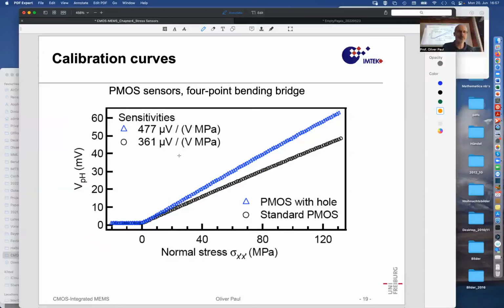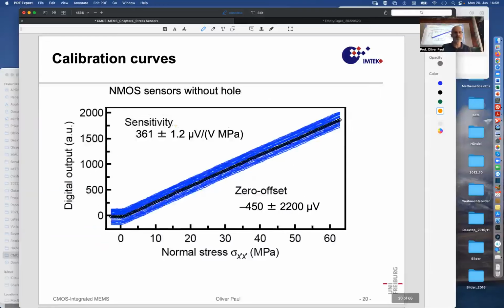And again, we have some sensitivities that are very, very comforting. And again, the one with the hole has the higher sensitivity. That's a geometrical effect. And again, there is an offset that is actually even larger here: plus minus 2 millivolts, around almost 0.